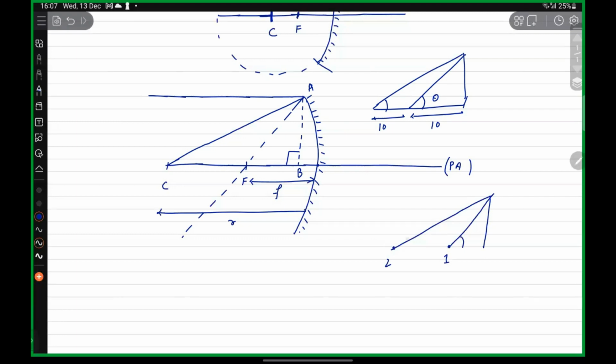Yeah, 1 is more steep. So if 1 is theta, this cannot be 2 theta. This is not possible because 1 is already very steep, because you are looking really upwards. You need to bend your head a lot upwards to see the top of the tower. So this cannot be 2 theta. So what will this be now? Since the distances are equal, this will be half of theta.